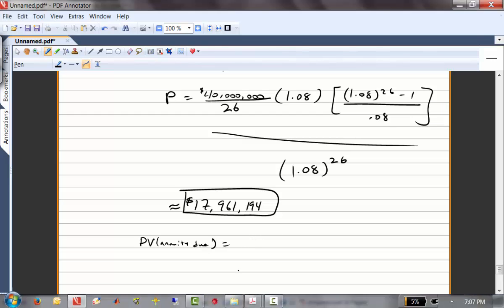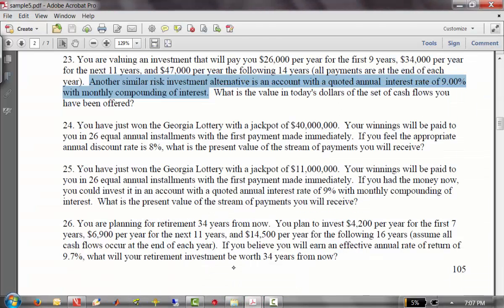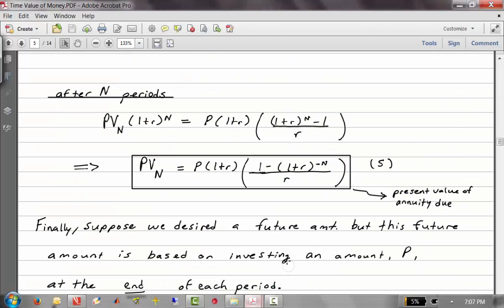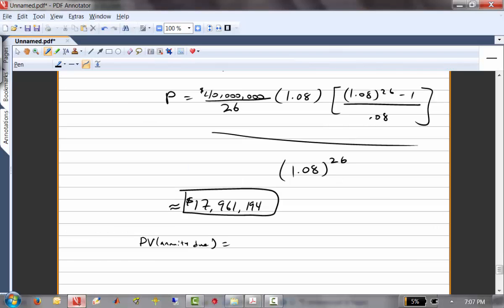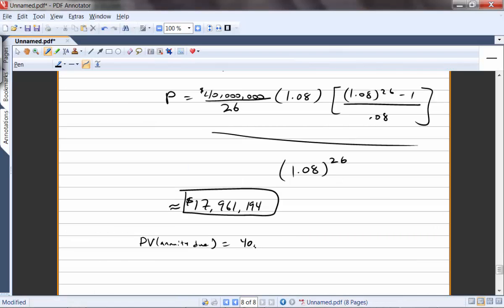The P in the formula would be the annuity, right? The 40 million divided by 26. It's a decimal. I don't even want to write it as a decimal. I'm just going to write 40 million over 26.